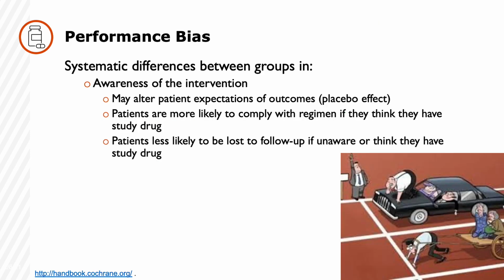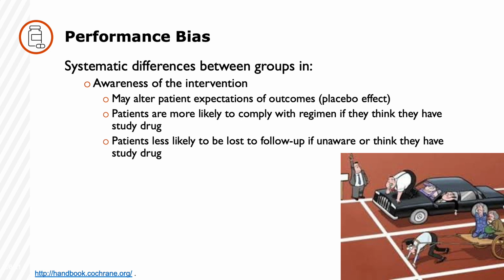One way that these systematic differences between the groups can occur is when we have some awareness of what the intervention is that we have been assigned to, or which arm we've been assigned to. This can alter what the study subject's expectations are for their own outcomes, i.e. it can differentially have a placebo effect or take away the placebo effect.